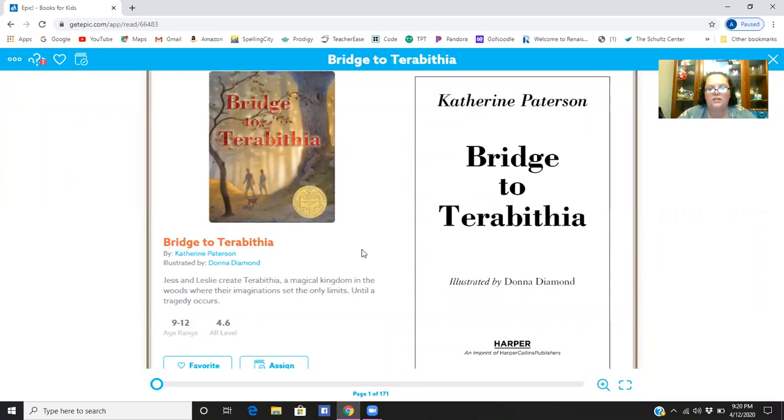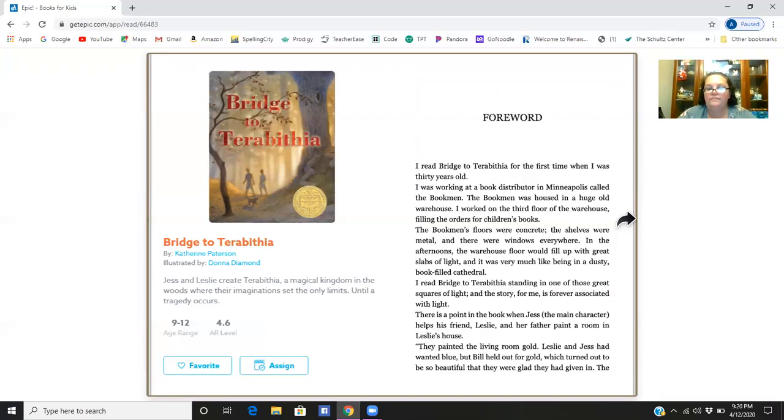And it gives us just a little information right here about what the book is about. Jess and Leslie create Terabithia, a magical kingdom in the woods where their imaginations set the only limits until a tragedy occurs. So we're going to go ahead and turn the page.